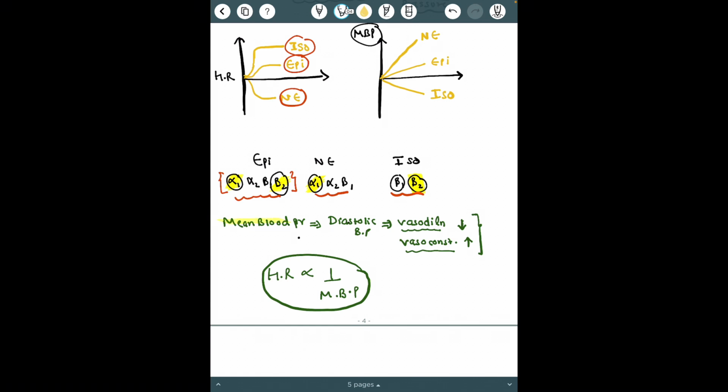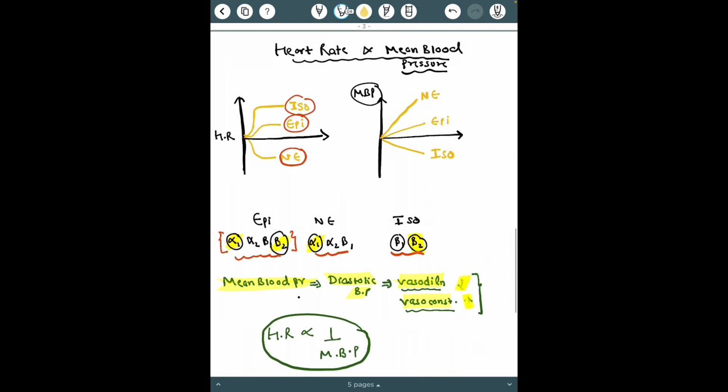The mean blood pressure mainly depends on diastolic blood pressure, and diastolic blood pressure mainly depends on the tone of the blood vessel. If there is vasodilation, there is decrease in diastolic blood pressure. If there is vasoconstriction, there is increase in diastolic blood pressure. So now guys, see what will happen in epinephrine.